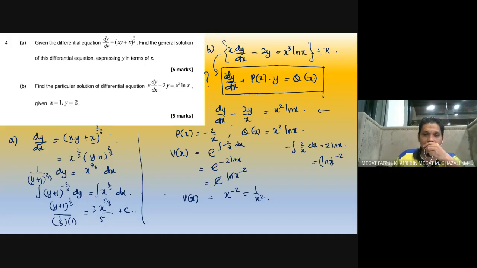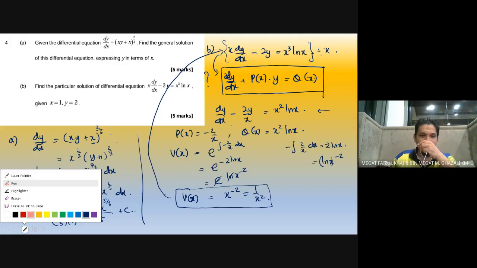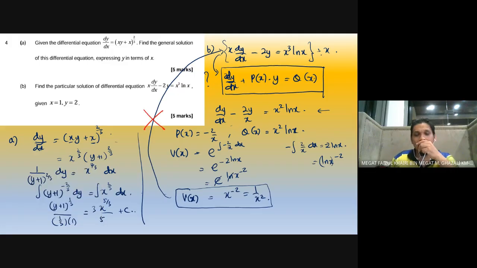My question to you: our v(x), are we going to multiply this v(x) with the function originally from the question here? Okay, the answer is no. Why? Because this equation is not exactly in this form, where we divided by x just now and got this equation.